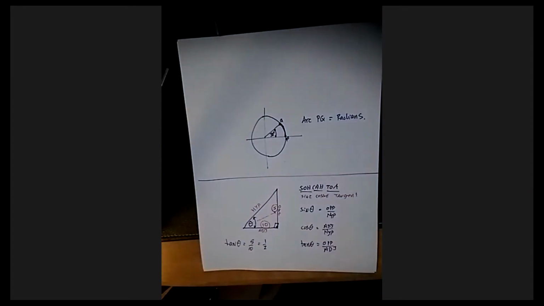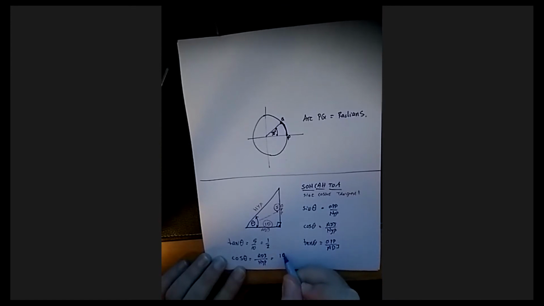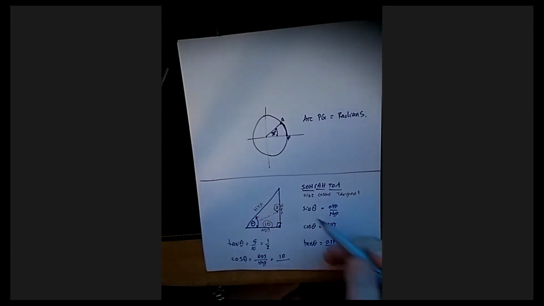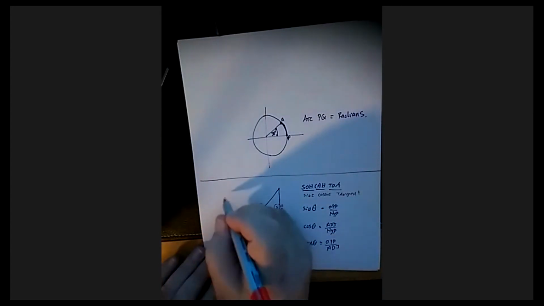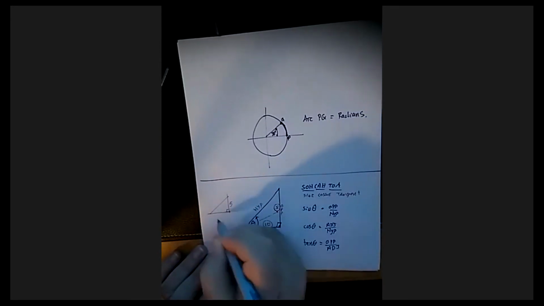And then they get sneaky on you, and they give you the same question, but they ask you for a different trig ratio, something like the cosine. Well, I know that cosine is the adjacent over the hypotenuse, and I know the adjacent is 10. The problem is I don't know the hypotenuse. Now, if you look at this triangle, if I draw a little baby version of it, this side is 5 and this side is 10.